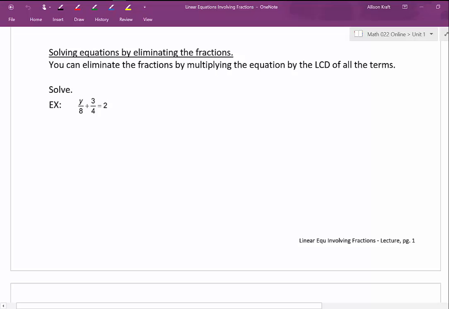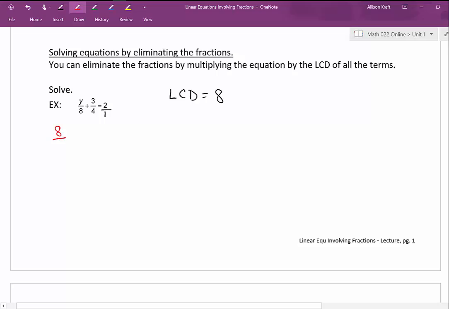Notice that I have a constant of 2 that is not a fraction. The first thing I would do is I would make that a fraction by putting it over 1. We want to identify the least common denominator between all of our denominators, 8, 4, and 1. Our least common denominator is 8. We're going to multiply each term of our equation by this least common denominator.